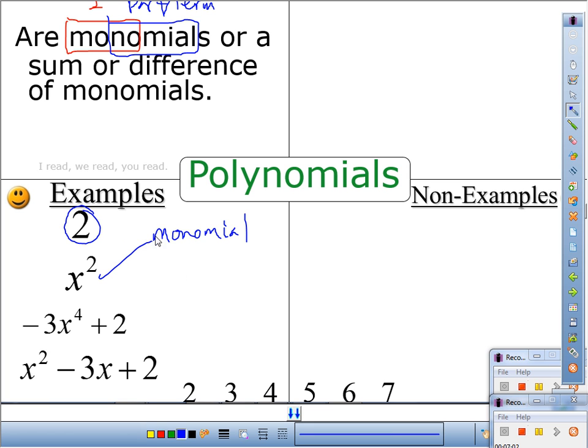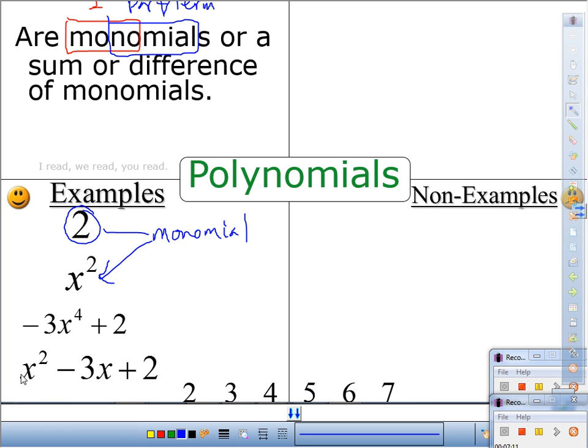So is this one a monomial? But this one has two parts. Now, if you have a motorcycle that has 4 wheels, what is that called? Quad, because there's 4. When you were a little kid, instead of the bicycle, you started with a tricycle because it had how many wheels? 3.